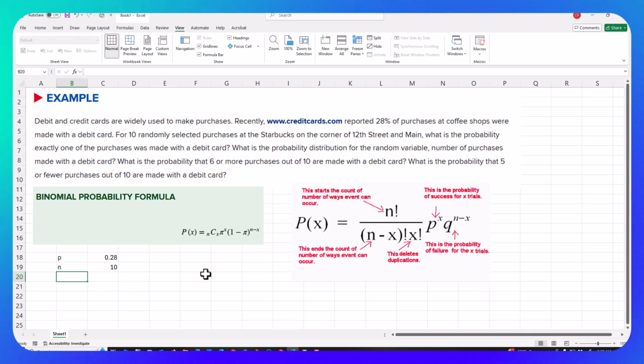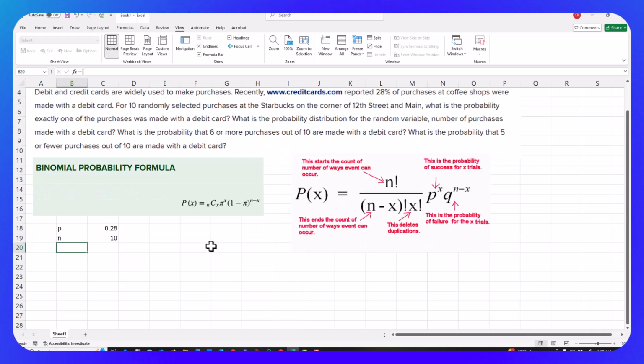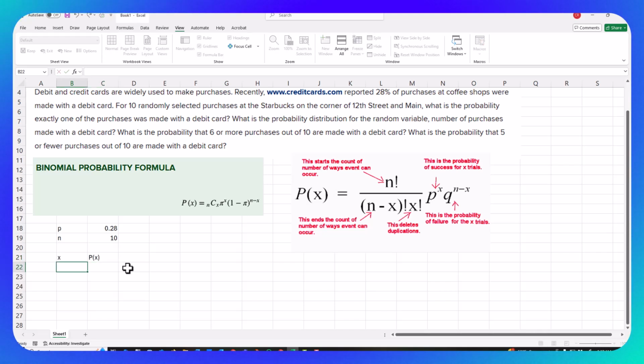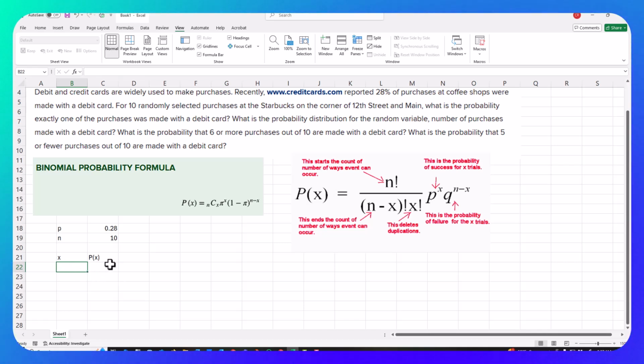Well, what you can do in Excel, which is so nice, is set up a probability distribution. How I would set this up, where X is the number of successes and P of X is the probability of this X, I know that I'm going to start at 0. Don't forget 0, because nobody could have used a card.